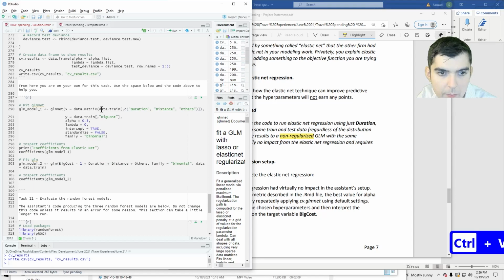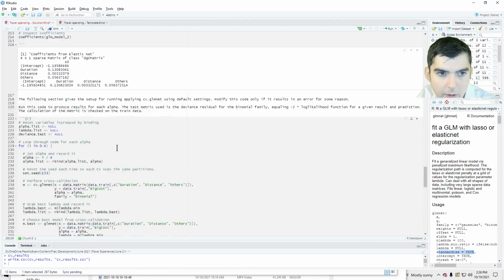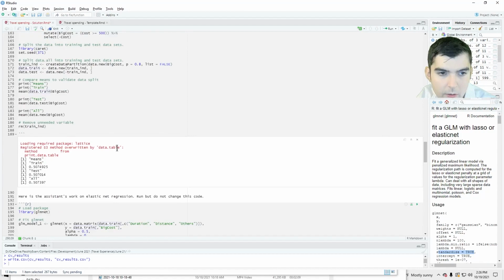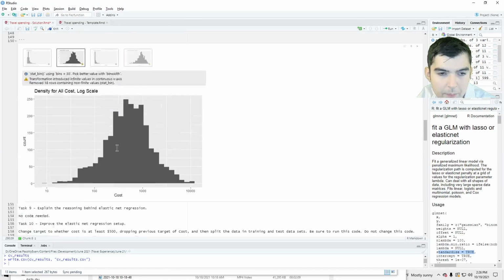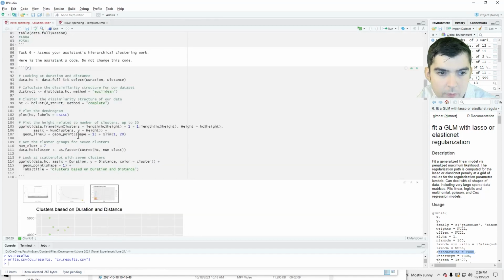So we want to use, instead of data.train, the complete data, or it's called data.full.